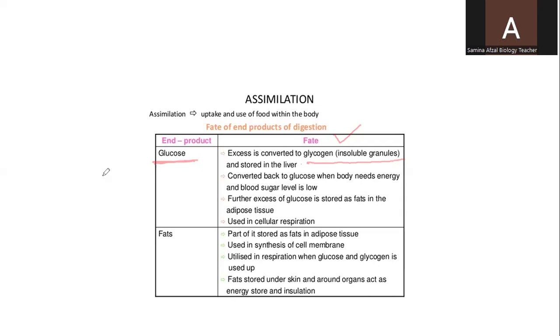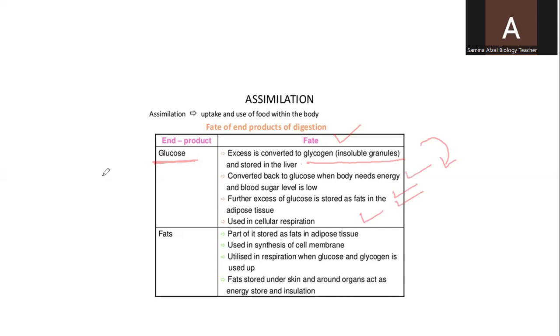If the body is lacking glucose, if there is a deficiency of glucose in the body, then that glycogen will break down into glucose again. Enzymes will play their role when glucose is changed into glycogen or when glycogen is broken down into glucose. Further excess of glucose is stored as fats in the adipose tissues. It helps in cellular respiration, and glucose is also changed into amino acids.